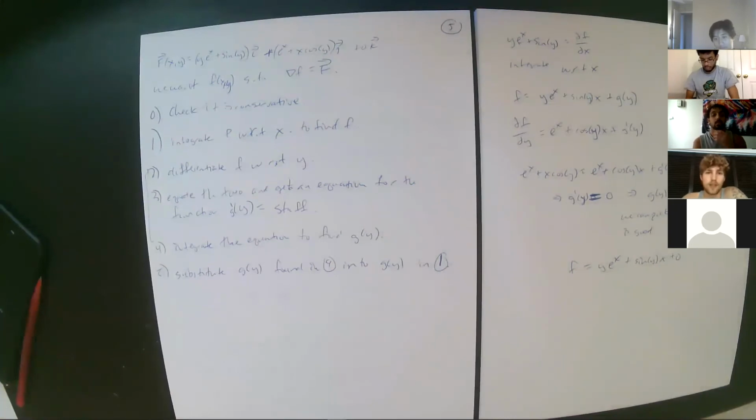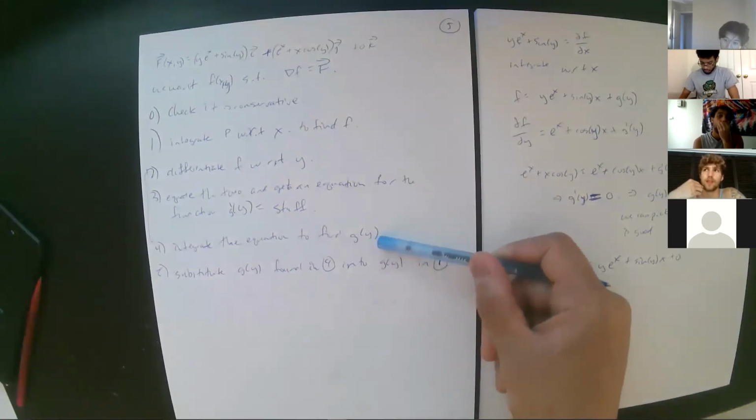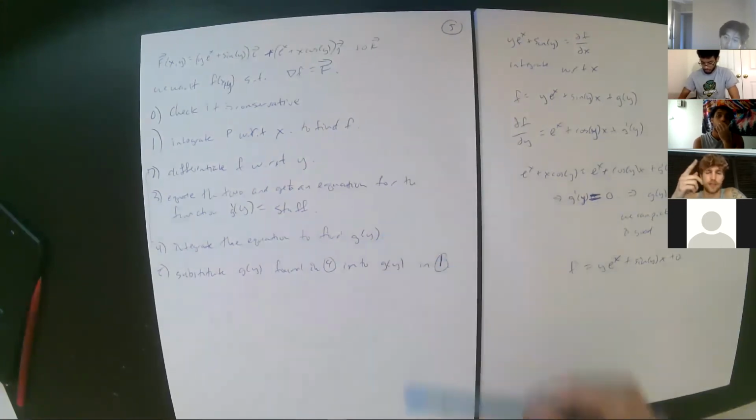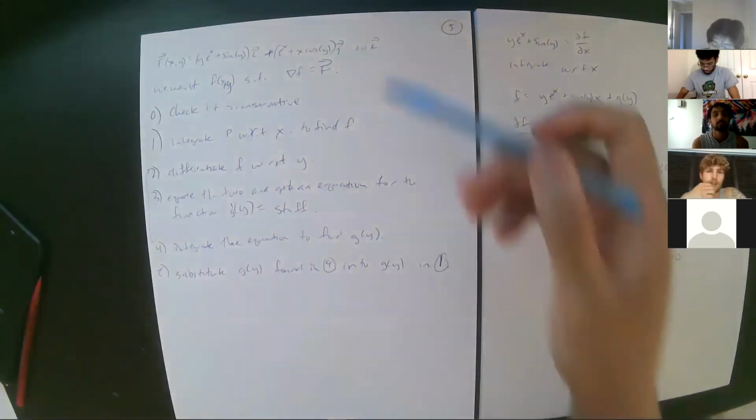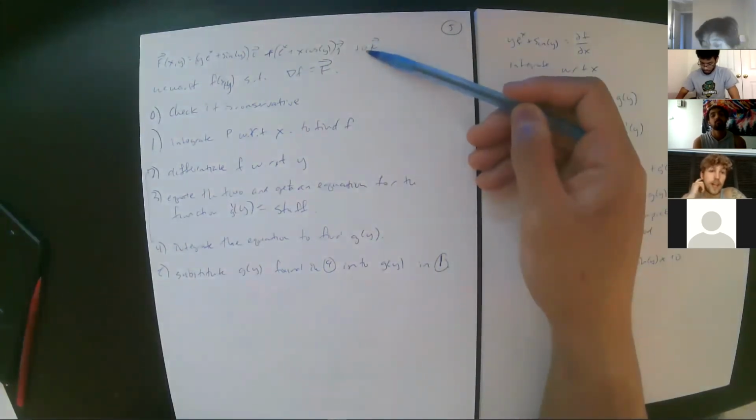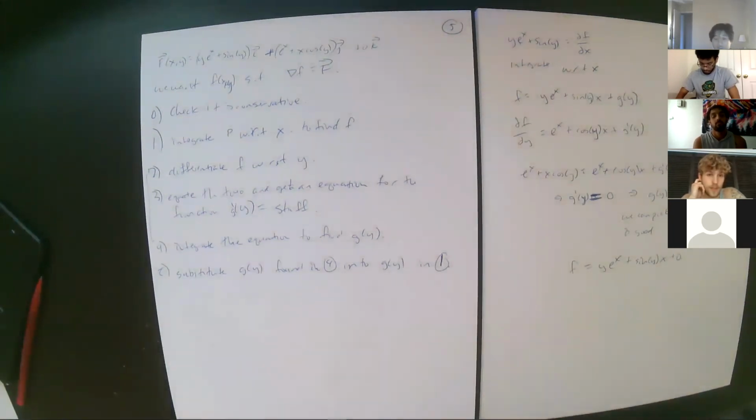So for this example, say the K hadn't been 0, it had been something like a function of y and z. G is never going to have x in it in this case, because g is a function of y only. But if this K was non-zero, then yes, we would have to check that as well.